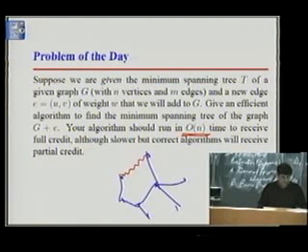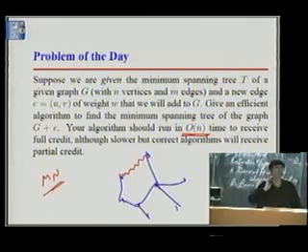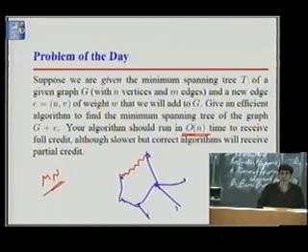But that would take something like order m times m, right? What could I do to reconstruct the minimum spanning tree if you add a new edge to it? Give me the old tree and you give me a new edge. What can I do to find the minimum spanning tree of the new graph? Any questions? Yes.